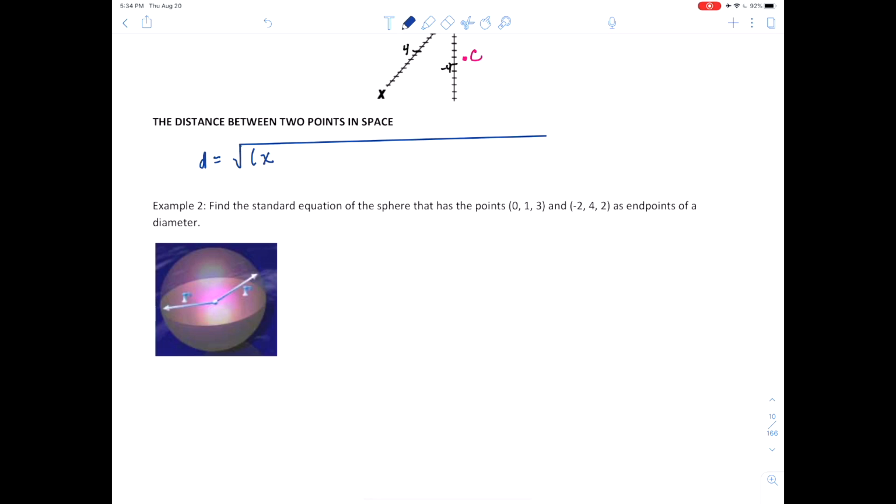It's going to start out the same, but then you also have your z2 minus z1 squared. Cool so far? All right.